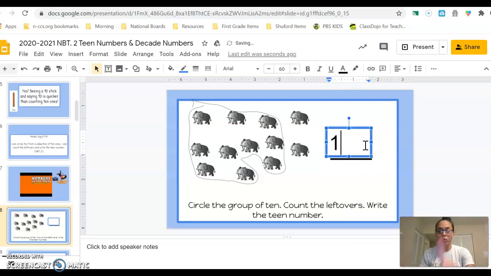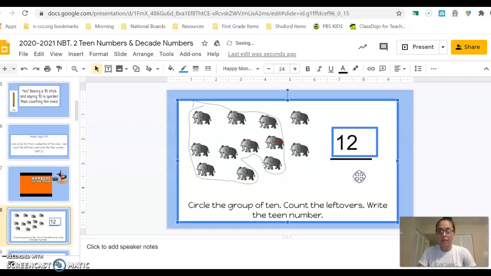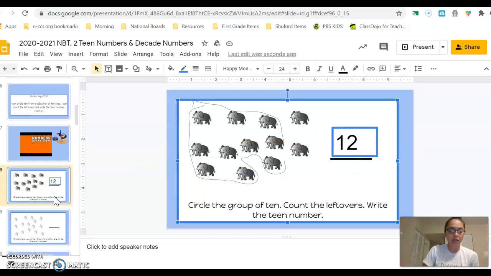So I have one group of 10, and then I have 2 left over. So my teen number for counting these elephants is 12. Very good. All right, let's do the next one.